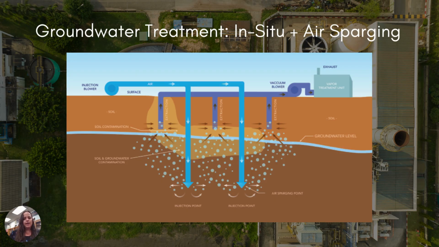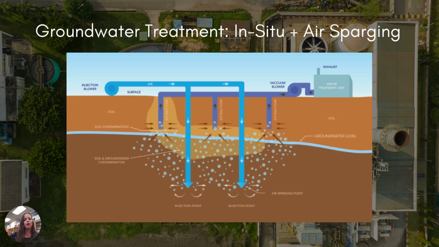As humans, we have contaminated a lot of things, and our groundwater is no different. So our groundwater can be treated. In Fresno, we treat a lot of our groundwater because we have a lot of contaminated sites. One treatment is in situ air sparging, where we inject air into the groundwater, and the air allows molecules that are not supposed to be in the water to attach to the air bubbles.